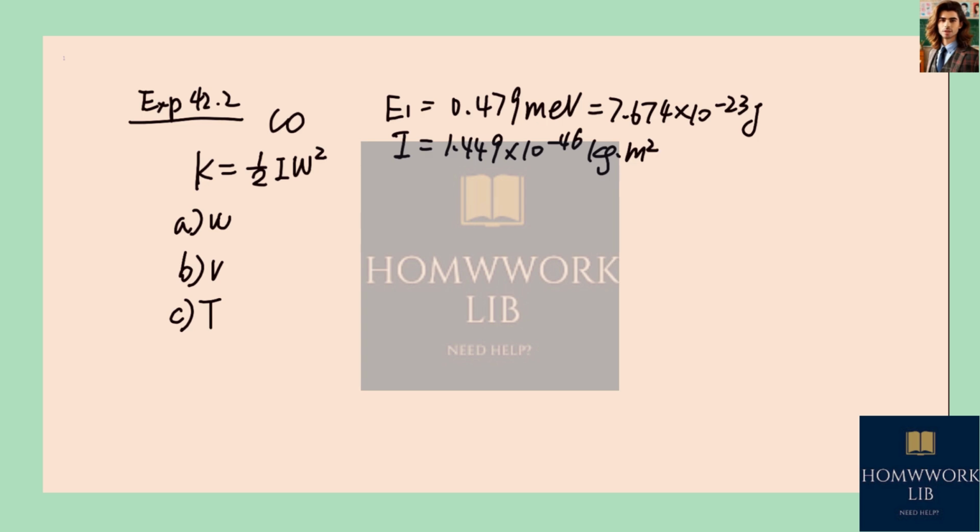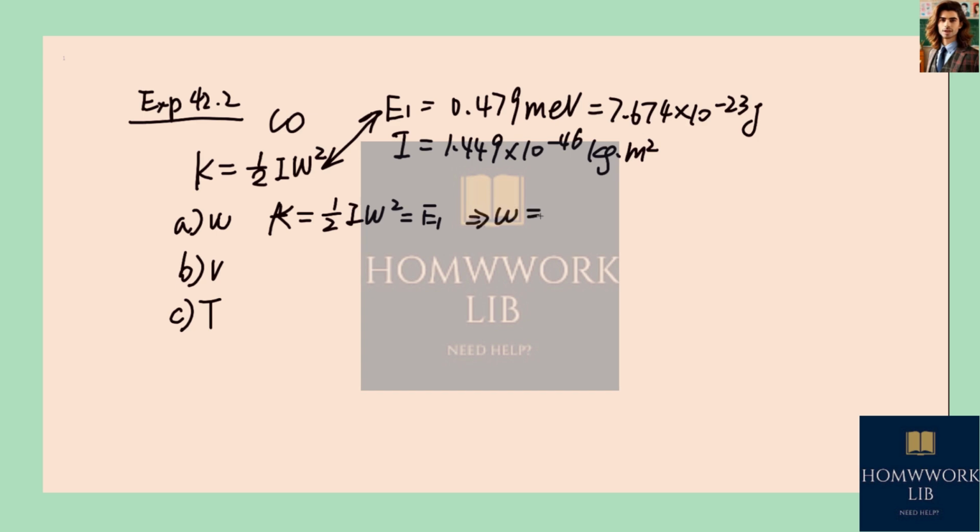So this is already given from example 42.2, and in part A we're looking for the angular velocity. We are assuming this energy can be described by the classical kinetic energy, so we can just equate them. K equals 1/2 I omega squared equals E1.